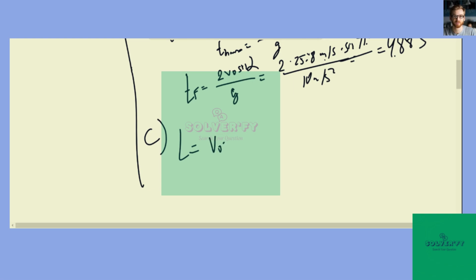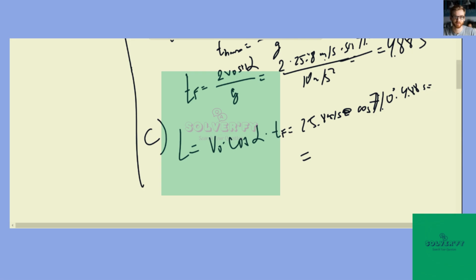L equals v0 times cosine alpha times time of the flight, or it equals 25.8 meters per second times cosine of 71 degrees times the time of flight, which is 4.88 seconds.